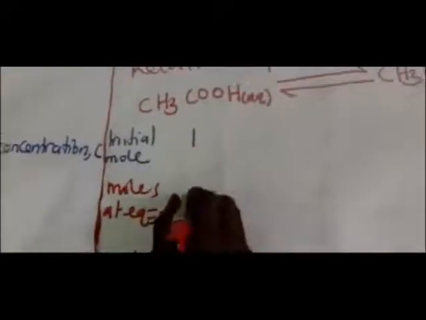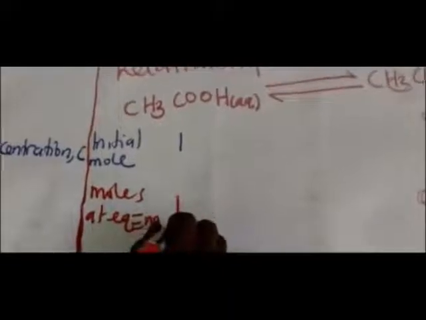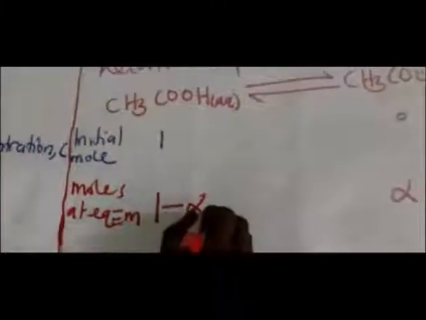If at equilibrium we form alpha ethanoate ions, alpha. Remember the mole ratio is 1 to 1, it means even hydrogen ions are going to be alpha. So if our initial mole was 1, the moles of ethanoic acid at equilibrium will be 1 minus alpha. But remember our acid is of concentration C, so we are going to multiply these moles with C.